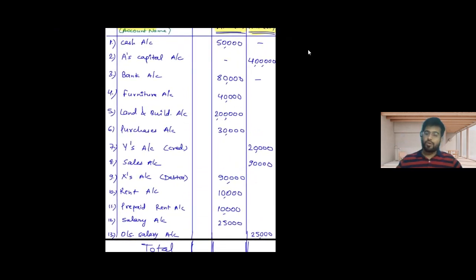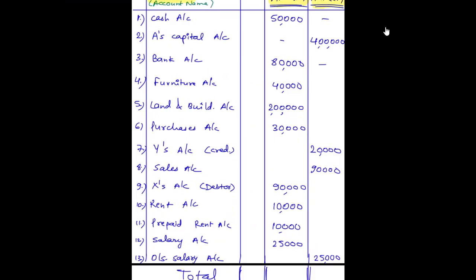Everybody calculate the total of the debit side and the credit side. Tell me what is the total on the debit and credit side.